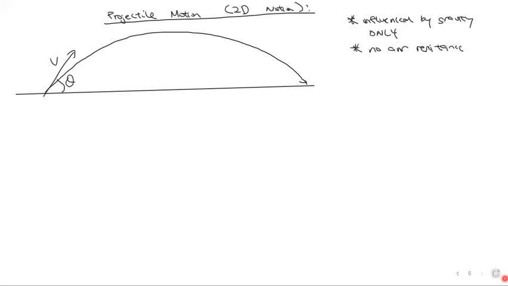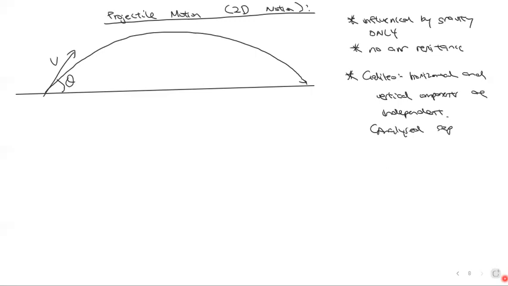And in that case, we've also got Galileo, which tells us that the horizontal and vertical analyses, or the horizontal and vertical components, are independent. And because they're independent, then that means they can be analyzed separately without any issue.